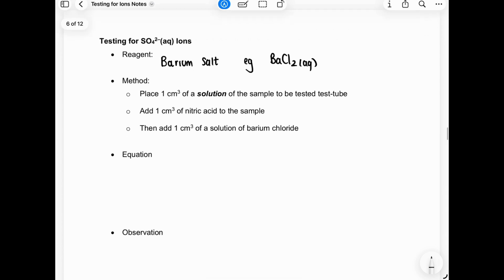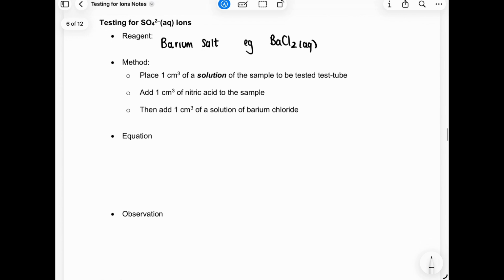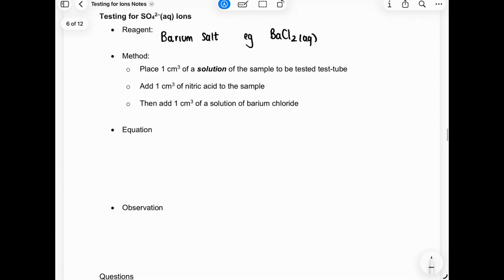So for this test, we put 1 centimetre cubed of the sample in a test tube and we actually add nitric acid first. And we add the nitric acid because in solution, there are other ions present that can react with barium. So for example, if there are carbonates present in the water, which is quite likely from carbonates in limestone rock that the water may have run over, then we will get barium carbonate.